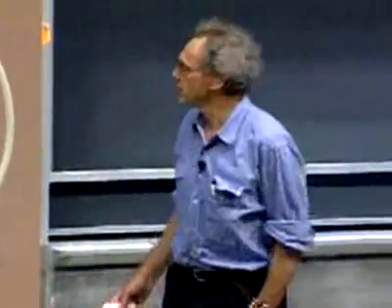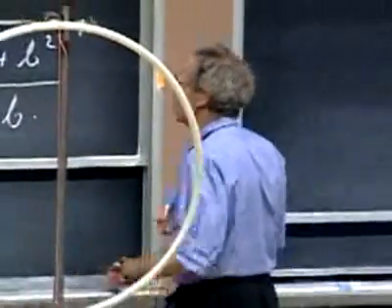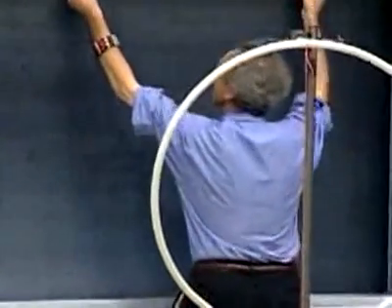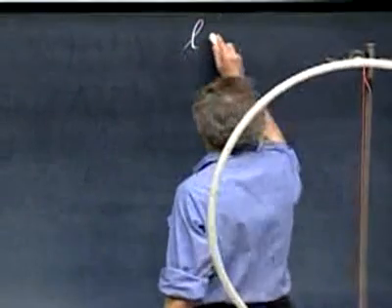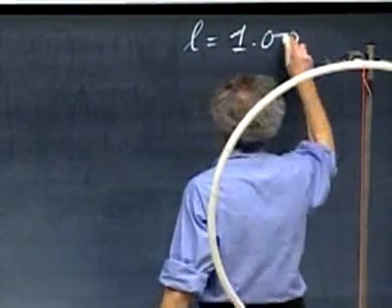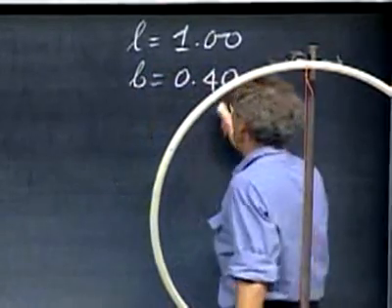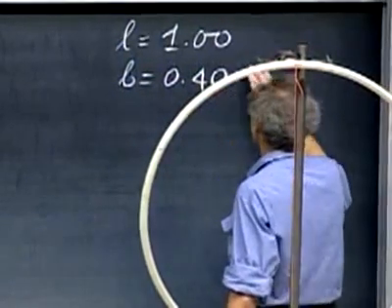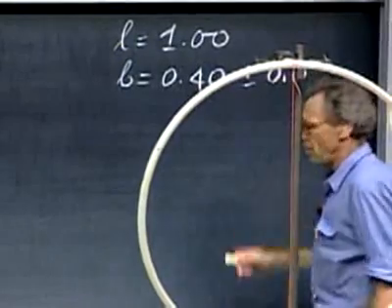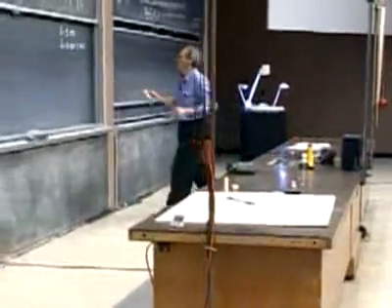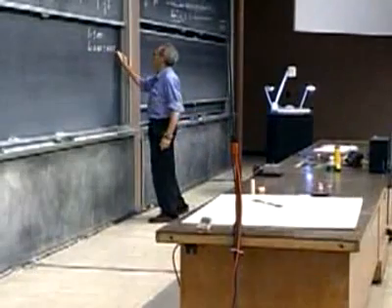In our case, b equals 40 centimeters, and it is an exact meter stick. So L equals 1.00, and b equals about 40 centimeters, but we could be off by something like maybe 2 millimeters. It's not so easy to get that hole in precisely.